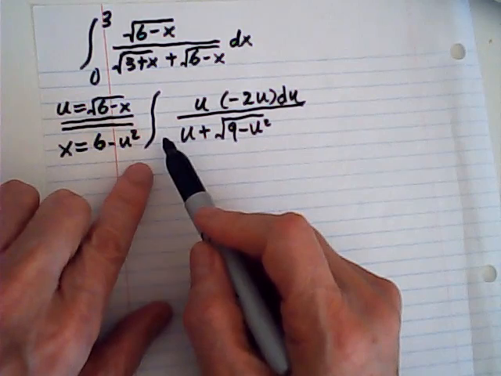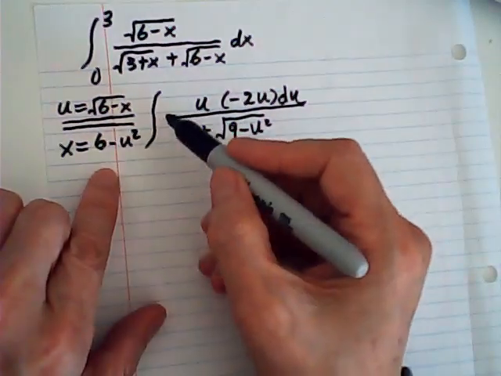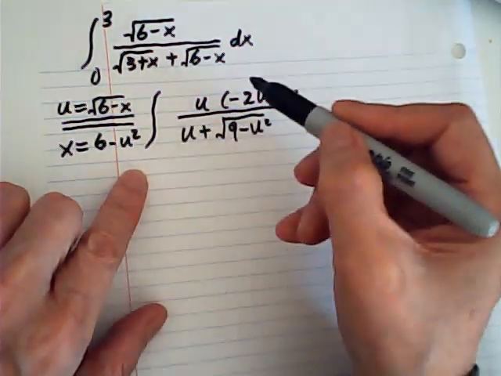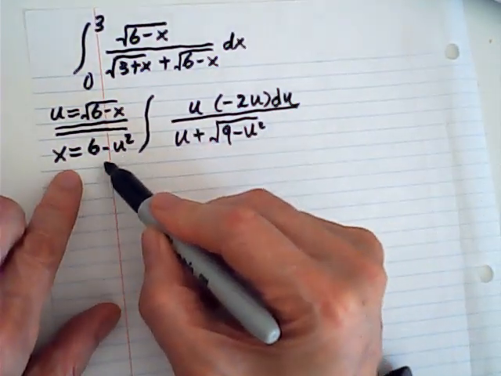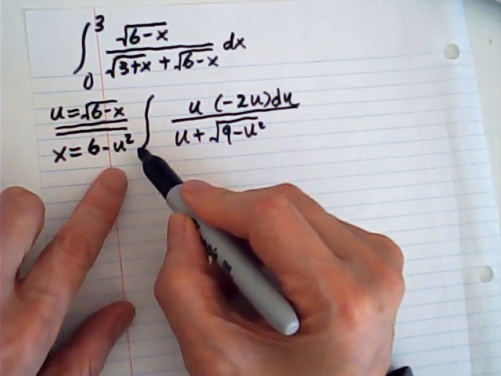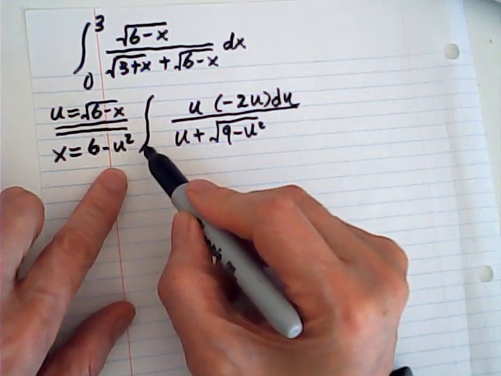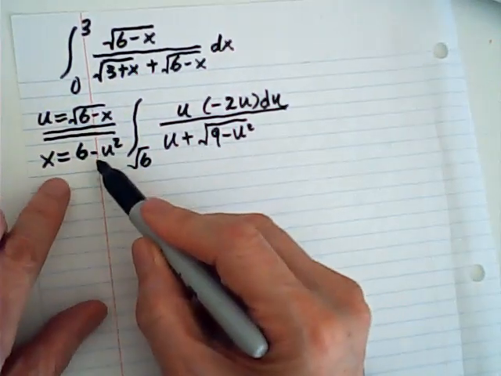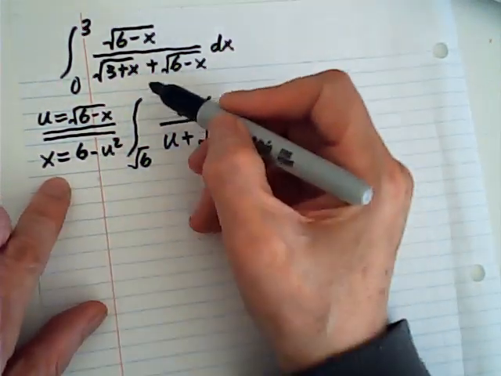Here, when x equals 0, u is equal to square root 6, right? When x equals 3, u equals square root 3.